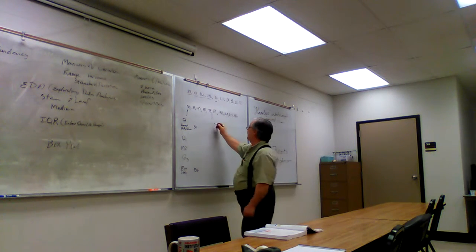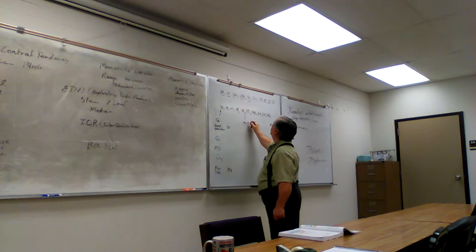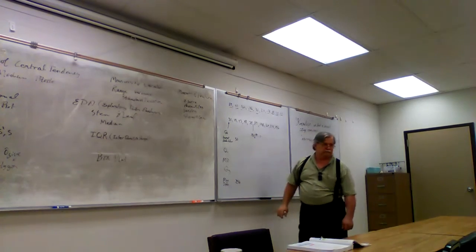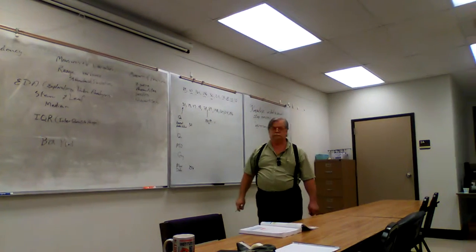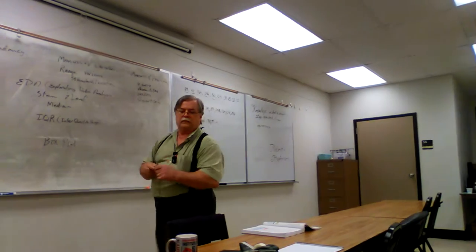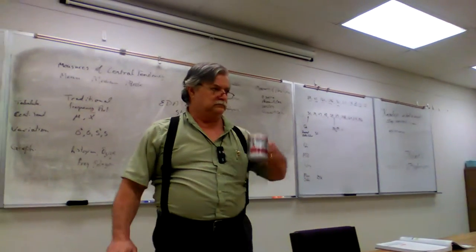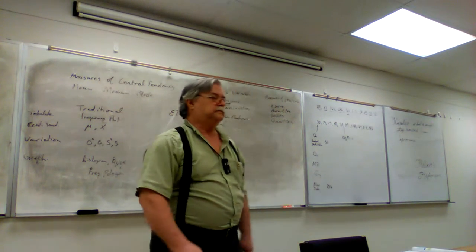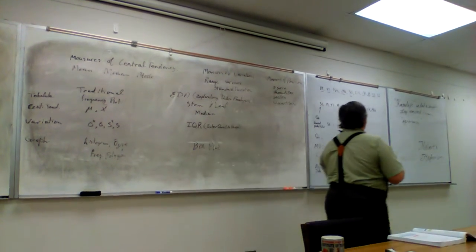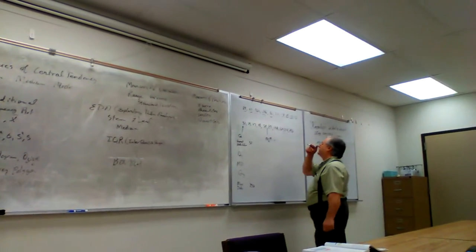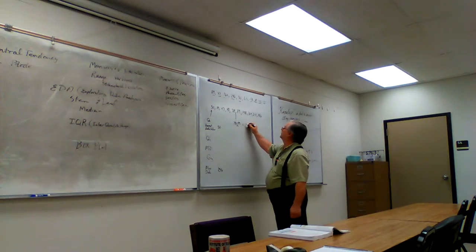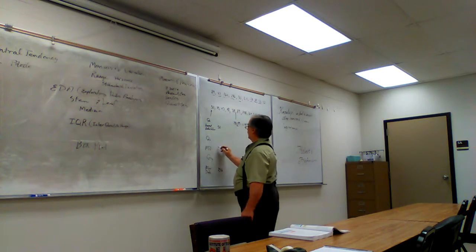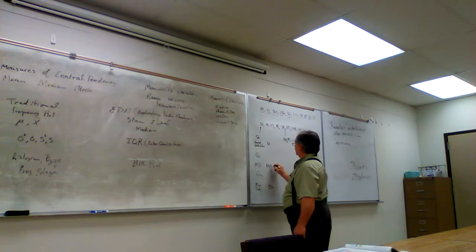We get that by adding 78 plus 89 and dividing by 2, which equals 83.5. So our median is 83.5.